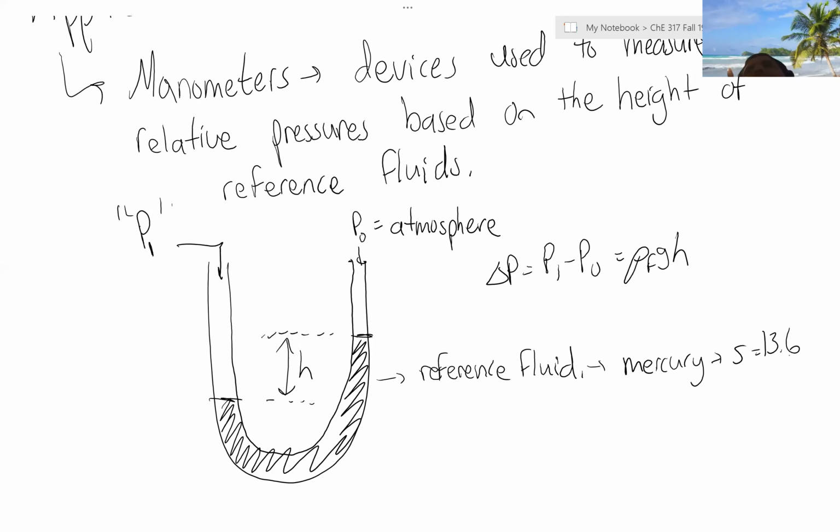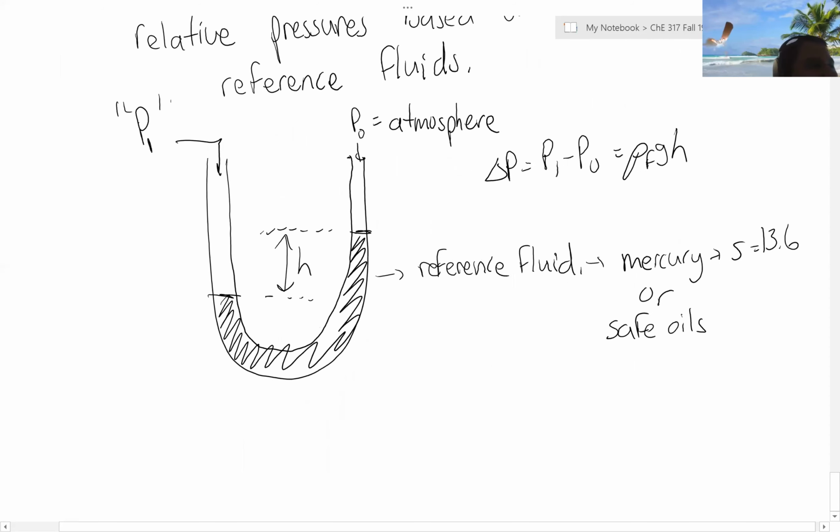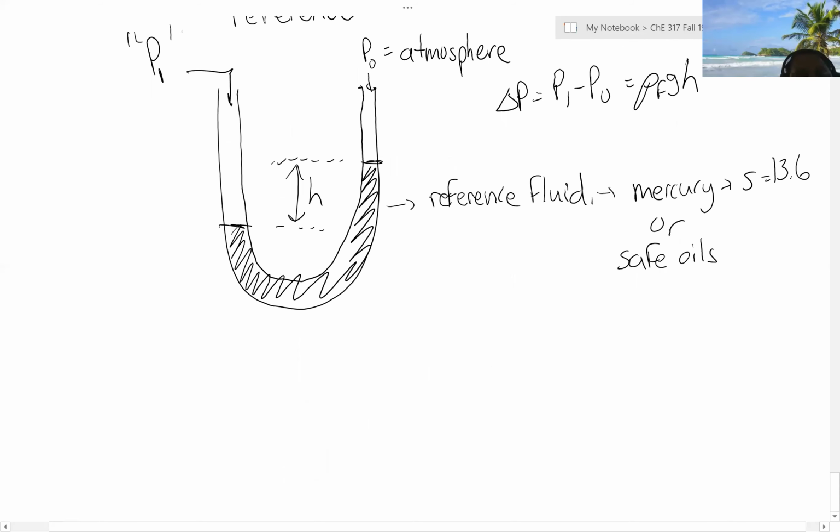However, we learned we probably shouldn't have mercury hanging around places. And so more often than not, you'll see really dense oils used in its place. More safe oils. Yeah, those chemists back in the day liked to live life on the edge. So let's look at an example.